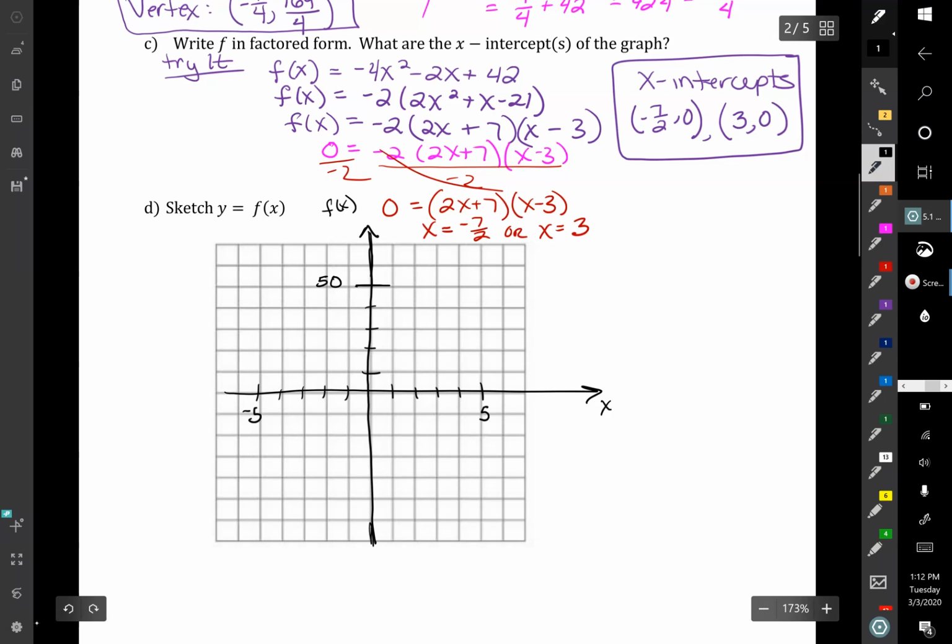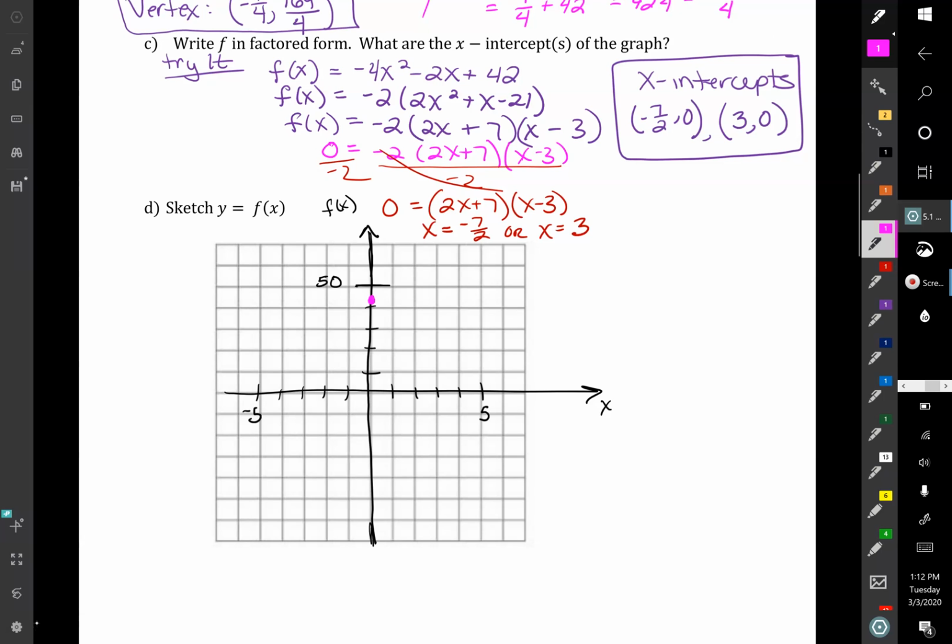And the reason I'm doing that is because I know that my y-intercept was 42. So that's going to be a little hard to plot if I have them too tight, but also I want to be able to not go off the graph too much. So this was 40, so 42 is right about there where I'm putting that pink dot.